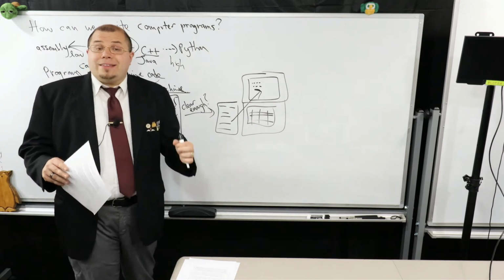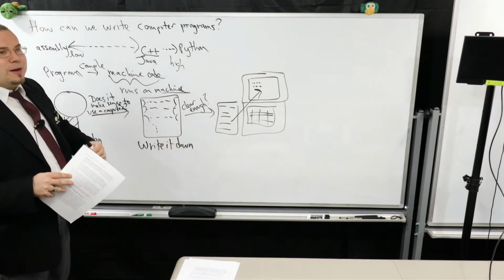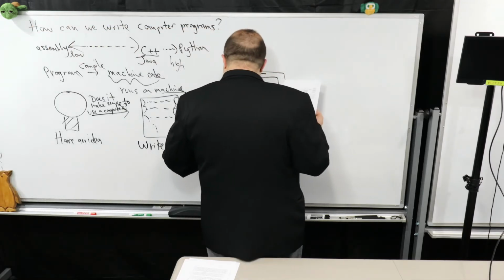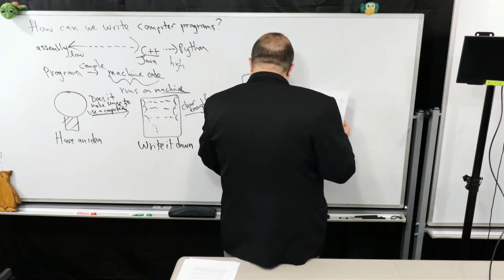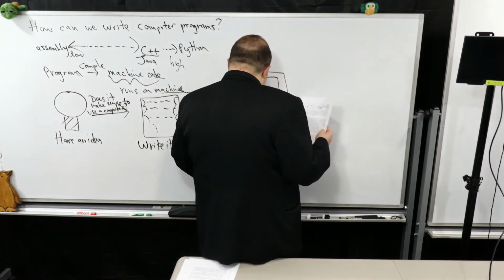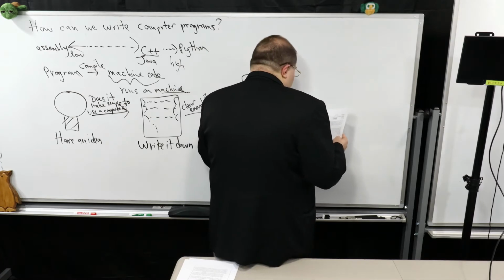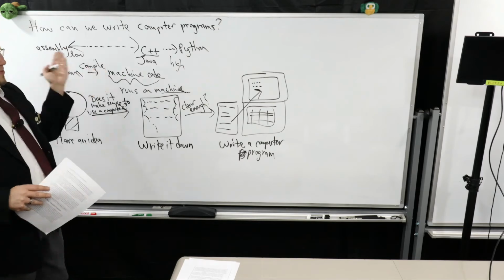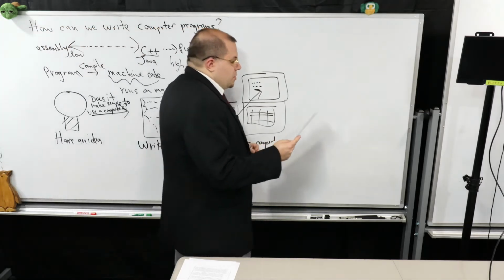Sometimes things do not translate very easily into a programming language, so you have to keep that in mind when you're planning things out. So you write a computer program in the programming language of your choice, so it could be anywhere along here.